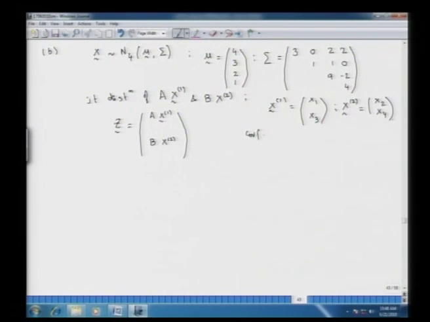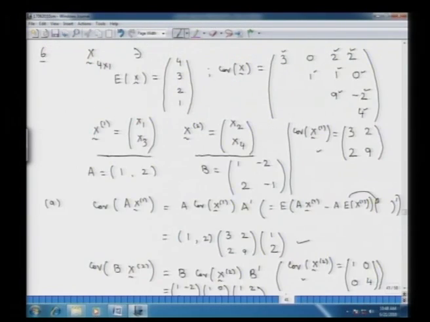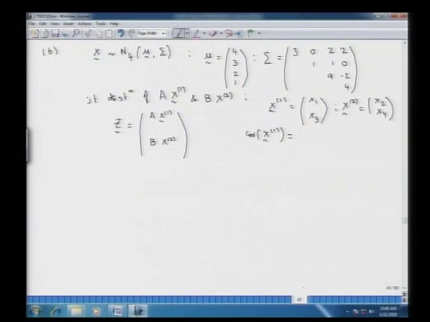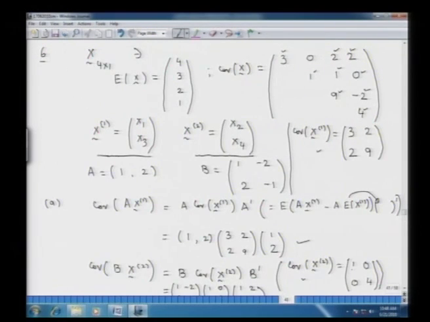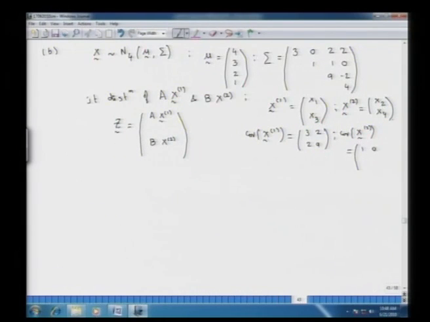What we had also obtained in the last lecture was the covariance matrix of X1 to be 3 2 2 9 and the covariance matrix of the X2 subvector as 1 0 0 4. Right. Now, look at this Z vector.